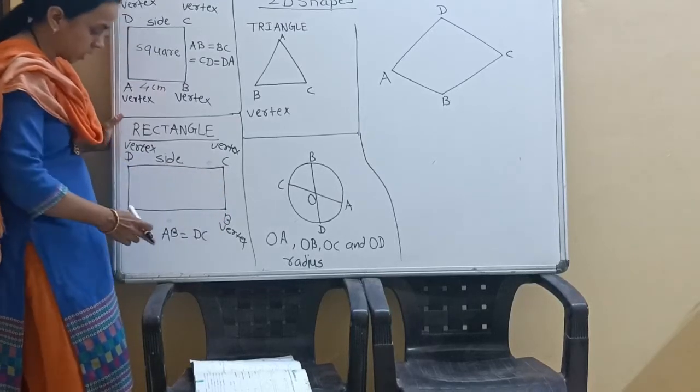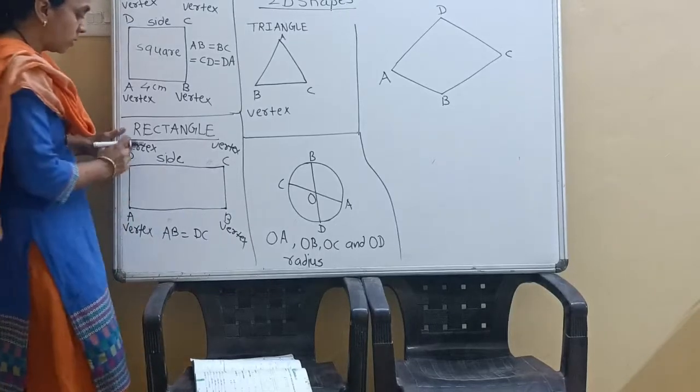That is called a vertex. Now in this case what happens?